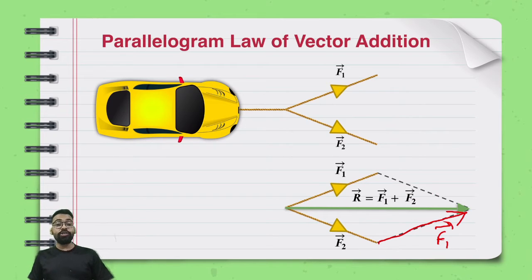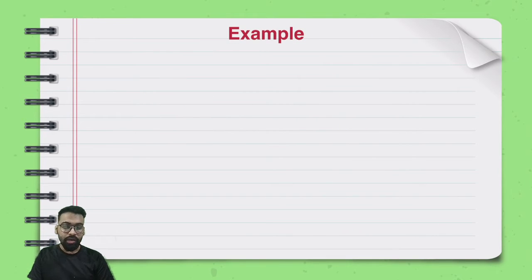Now, how do I do this using the parallelogram law? Because that would be much more convenient. I know that over here is the common point from where both forces F1 and F2 originate. So is there some law where I can directly give the addition by seeing that there is a common point where they are coming in? That is where our parallelogram law comes in greatly. It's very effective that way.